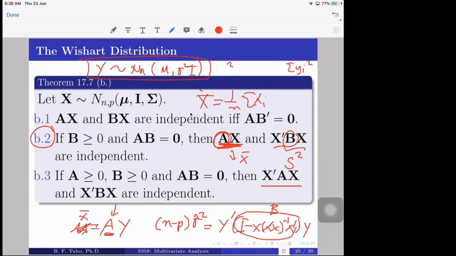Or let me just use Y bar so it is consistent with Y: 1/n summation of Y i.